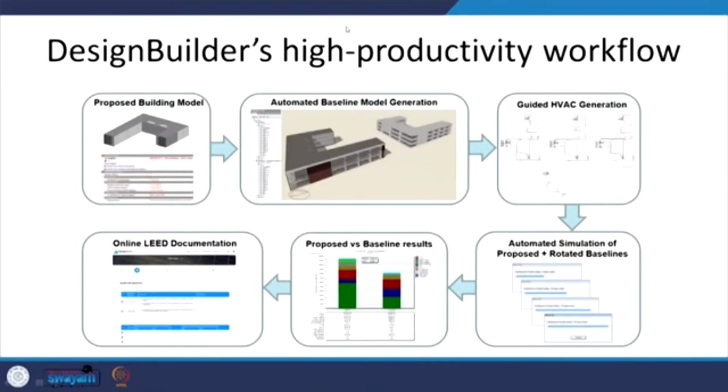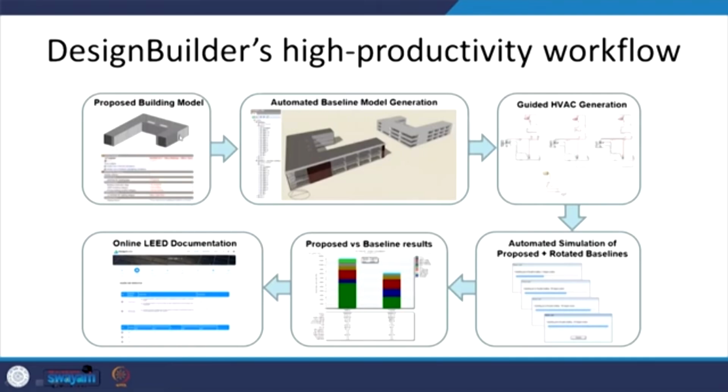So if I have to put it in a concise format, this is what we can understand. We work only on the proposed building model. We do not make the baseline model manually. Whatever is the proposed building model, it automatically generates a baseline model. The only thing we have to remember is, while we start to make the proposed building model, we just have to select the reference code.